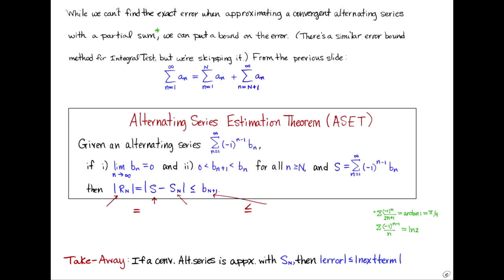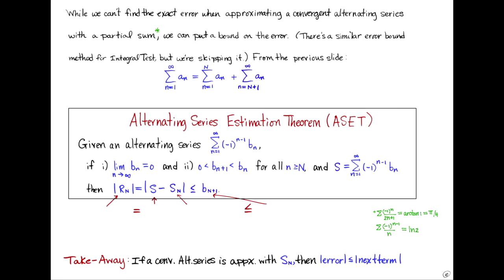But for now, all that we can do is put a bound on the error. And that's because this is an alternating series. We call this the alternating series estimation theorem, which is a lot to write out. So you can just abbreviate it as ASET. And I will forever know that you're talking about the alternating series estimation theorem.